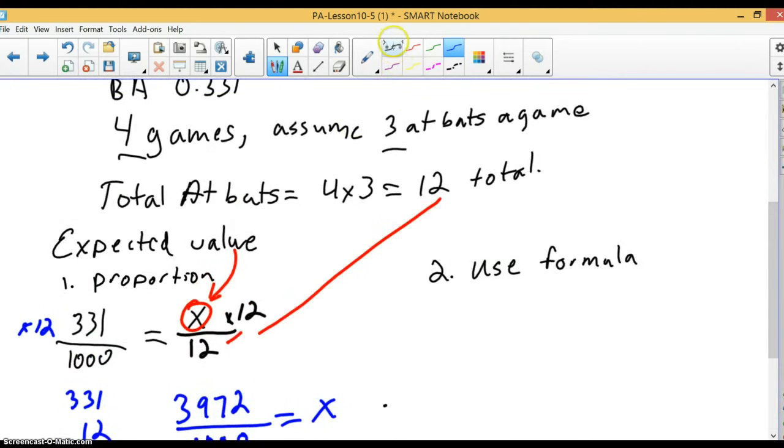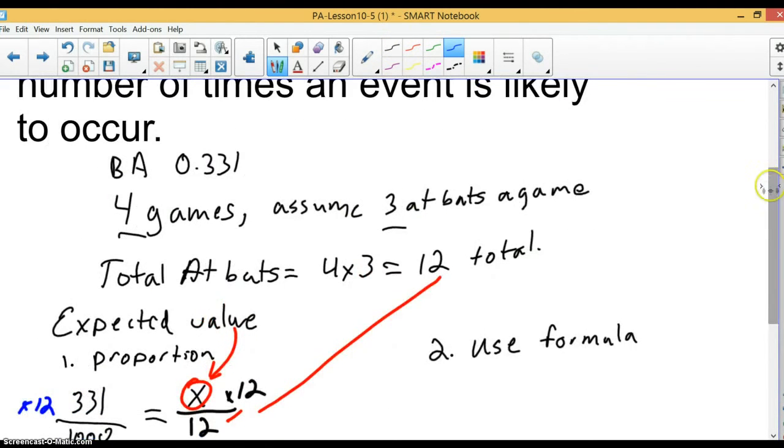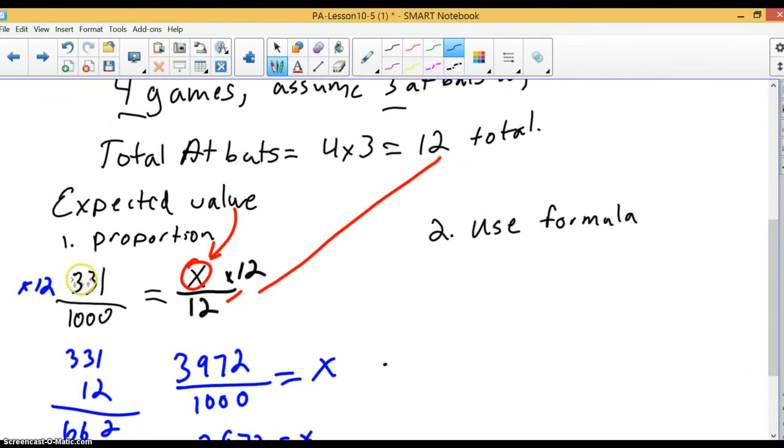Now the formula is how this works out when we look at things in the end. This 331 over 1,000 is equal to 0.331, and this 12, that is our total.